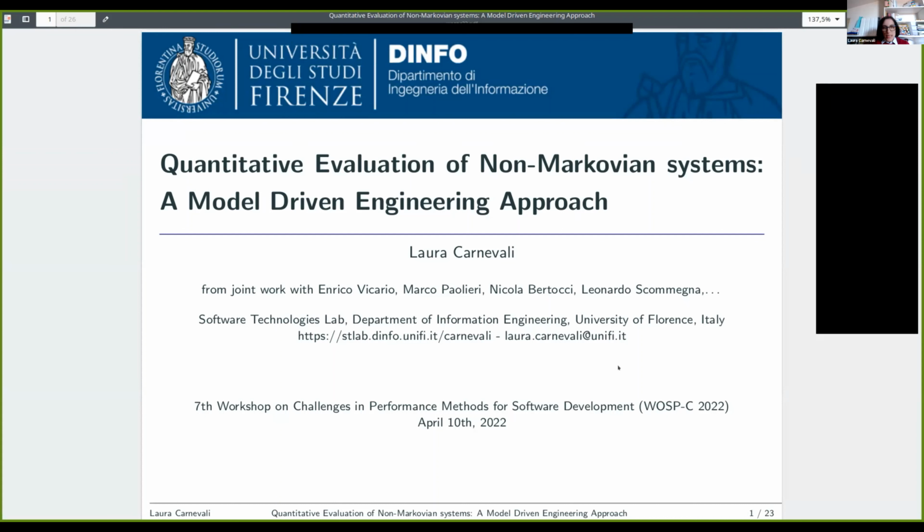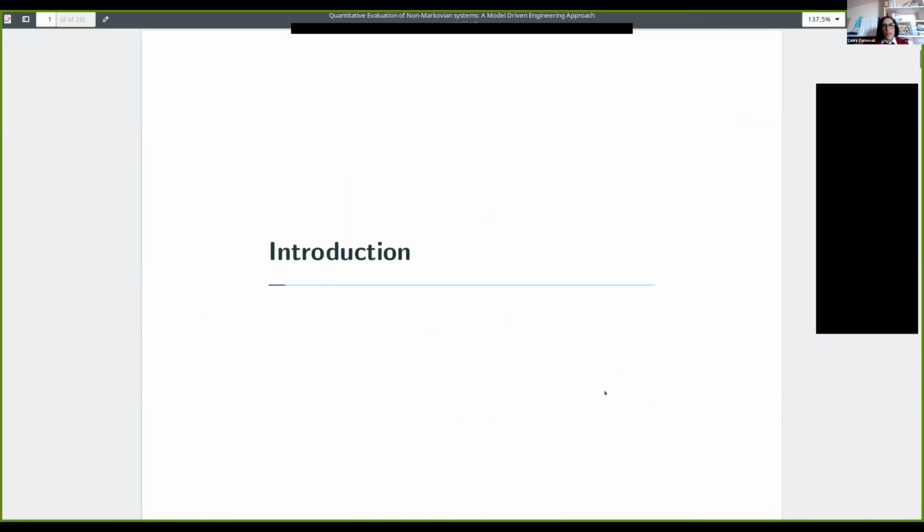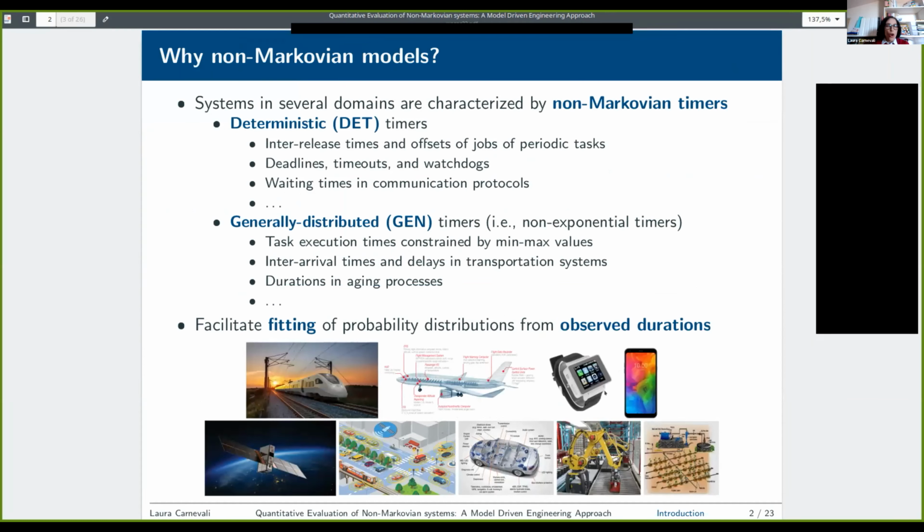And so what I'm going to present is the result of joint work with many people, in particular with Professor Enrico Vicario from the University of Florence, with Marco Paulieri from the University of Southern California, and with many other PhD students and postdoc research associates at our lab in Florence. So actually, we have been working on quantitative evaluation methods for non-Markovian systems.